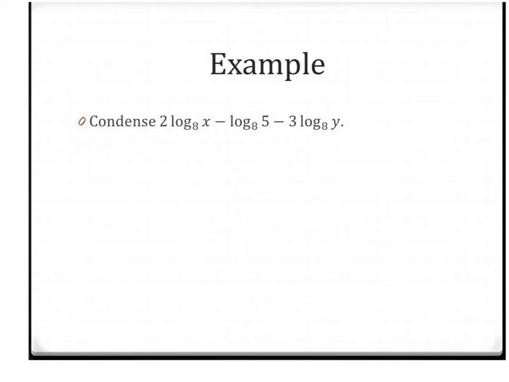Alright, so another one to condense. Okay, so I would definitely start with your coefficients. And so this is going to be log base 8 of x squared minus log base 8 of 5 minus log base 8 of y cubed.